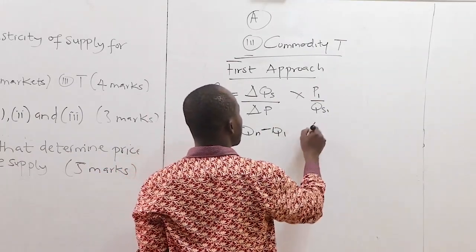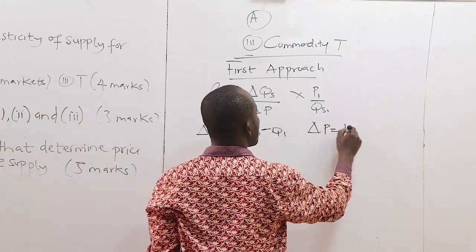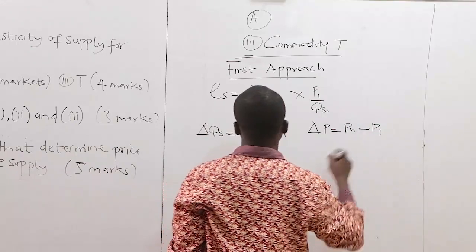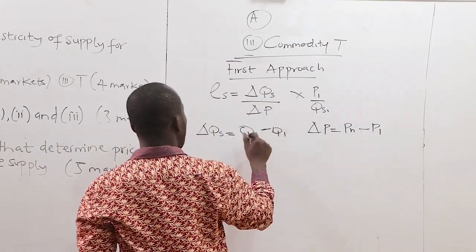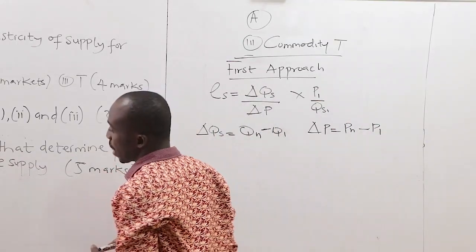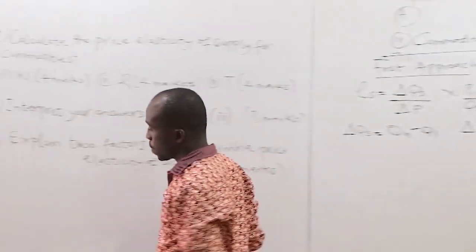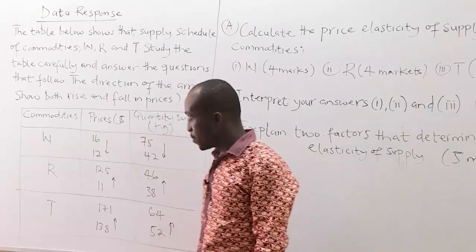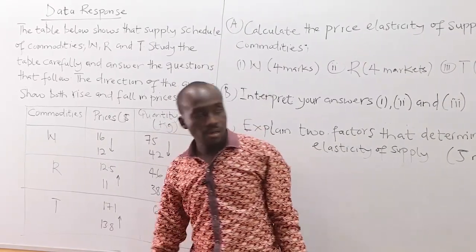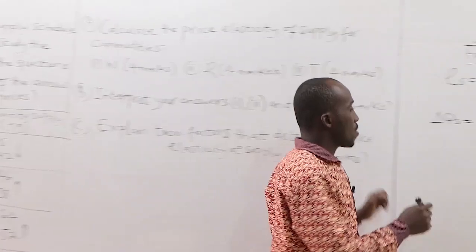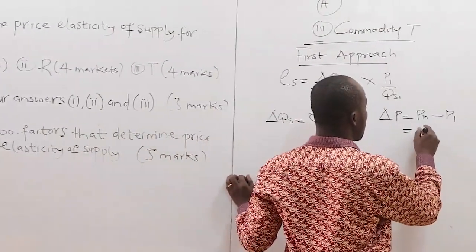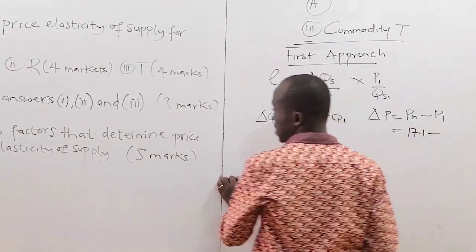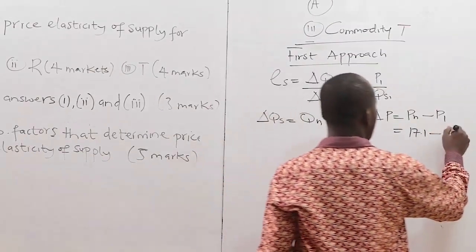And what is the change in price? The change in price is equal to the new price minus the initial price. So let's go to our table. Let's start from our price. The price was 13.8. It moved to 17.1. So the new price is 17.1, and it moved from 13.8.